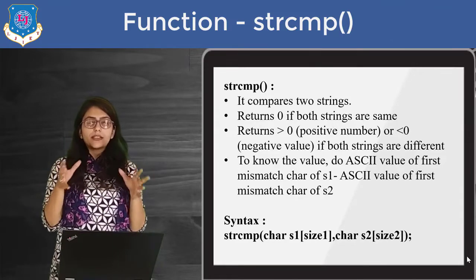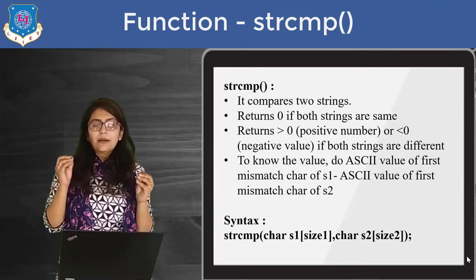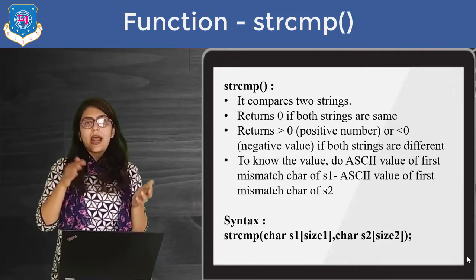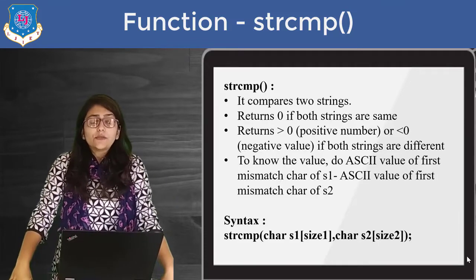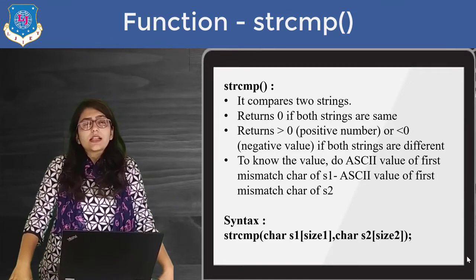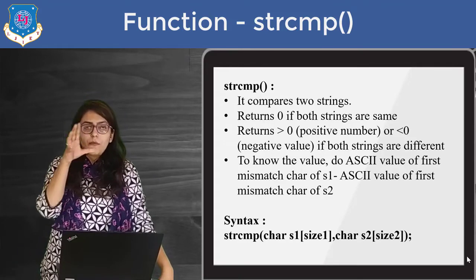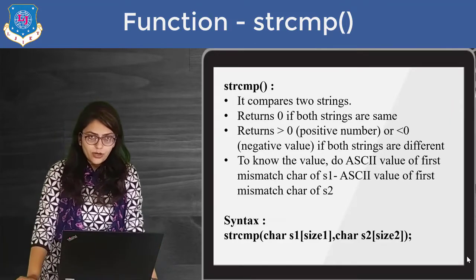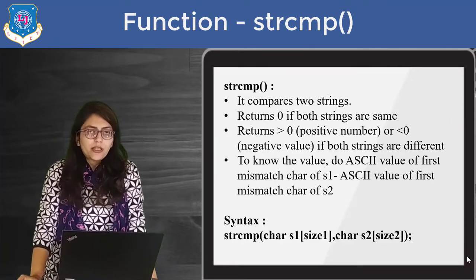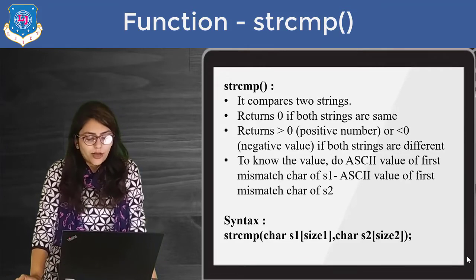So all of this is done on the ASCII values, and based on this, a zero or some non-zero value is obtained. For equal strings, these ASCII values will be equal, so the final answer, the first ASCII value minus the second ASCII value, is equal to 0, right? So if two strings are equal, we get 0. If two strings are not equal, we get a non-zero value.